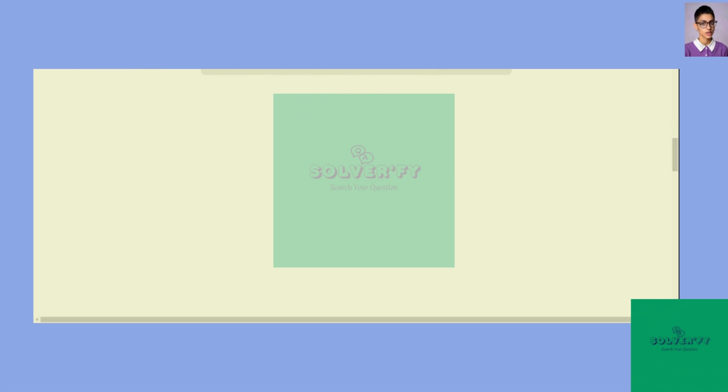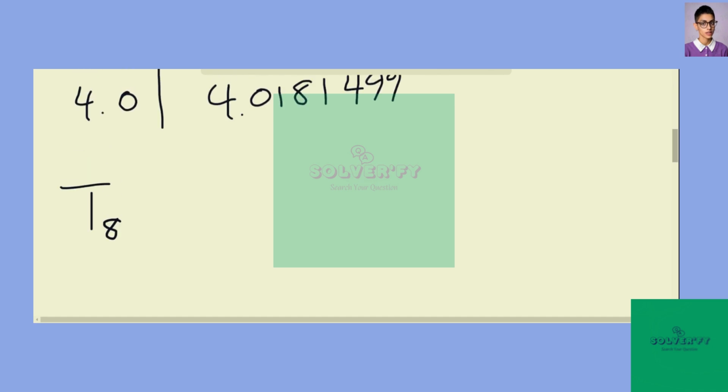Now that we have these values, we'll use the formula for the trapezoidal rule approximation, which we'll call T8 for trapezoidal. We know this has n plus 1, or a total of 9 terms in its sum.